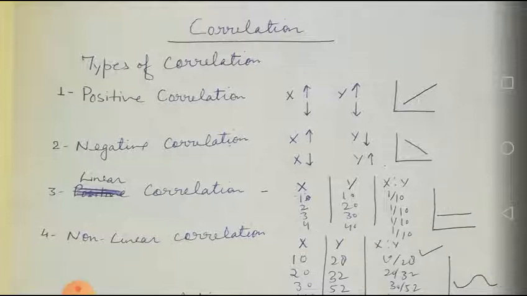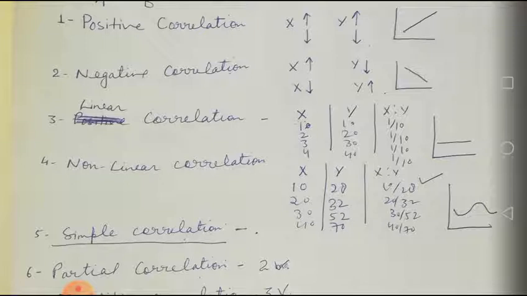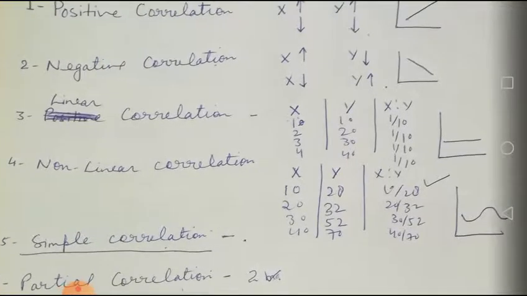So I guess you are able to connect to this concept, linear correlation. Under the linear correlation, the relation is positive, and the same values come when you calculate the ratio.